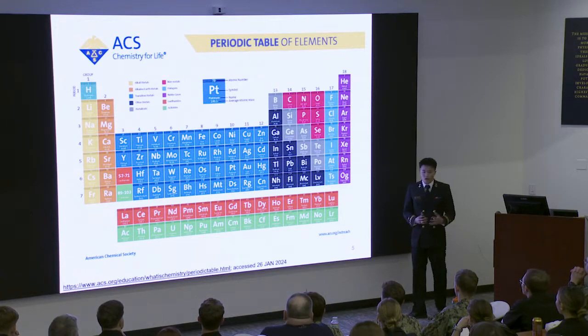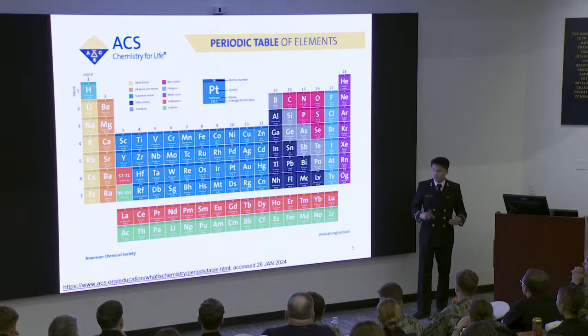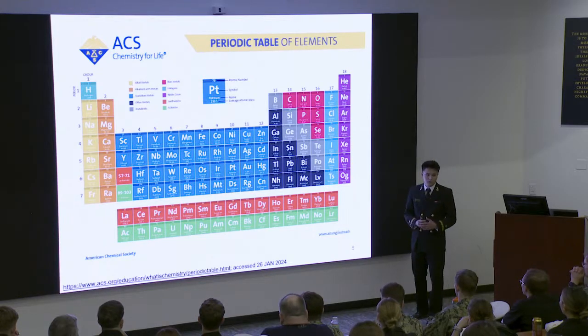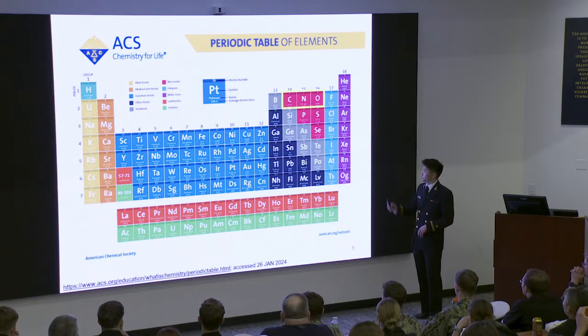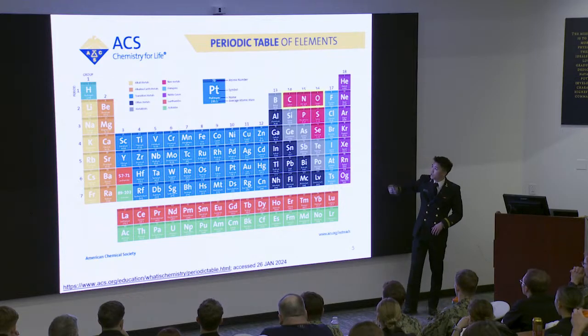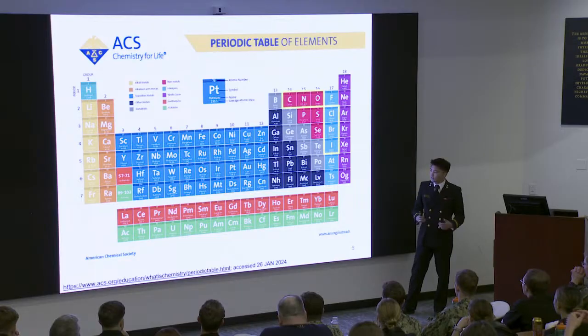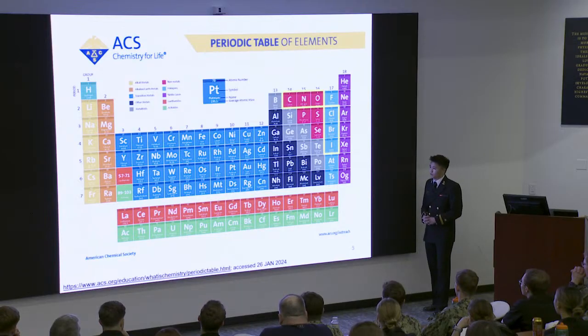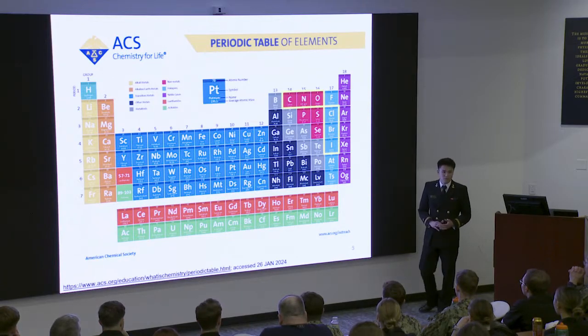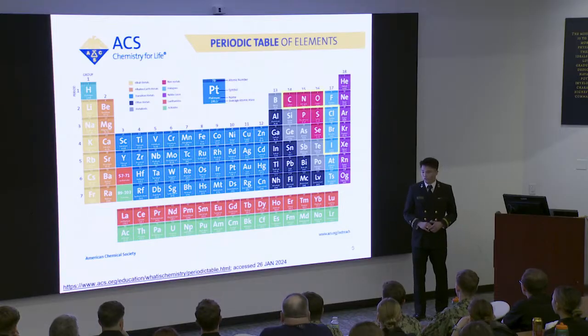Elements are the basic building blocks of matter. Most of the elements are metals. The rest are nonmetals, such as carbon, nitrogen, and oxygen, and halogens, such as chlorine, bromine, and iodine. Many of these elements are fundamental for the chemistry of life, biochemistry, as well as organic chemistry.